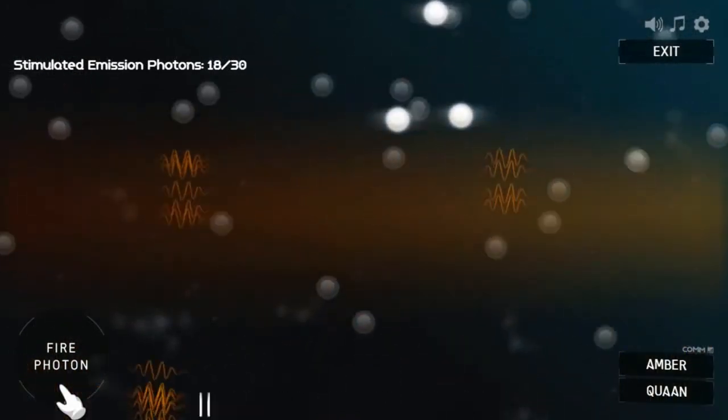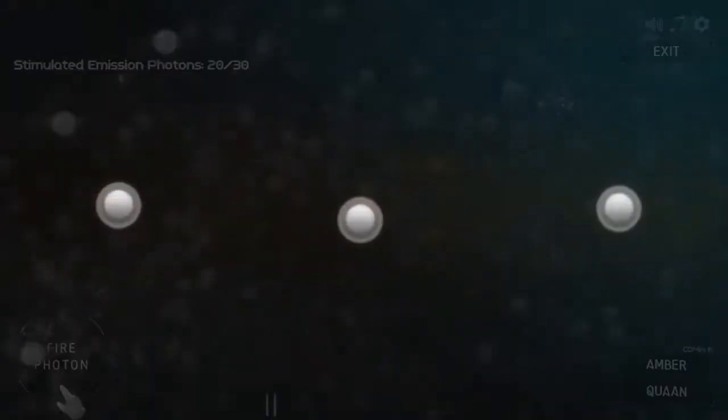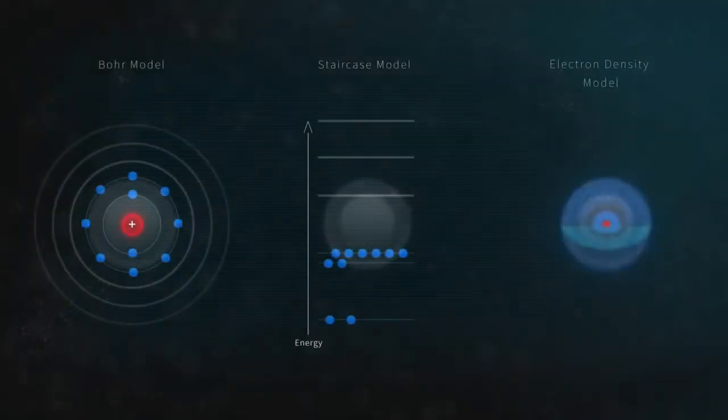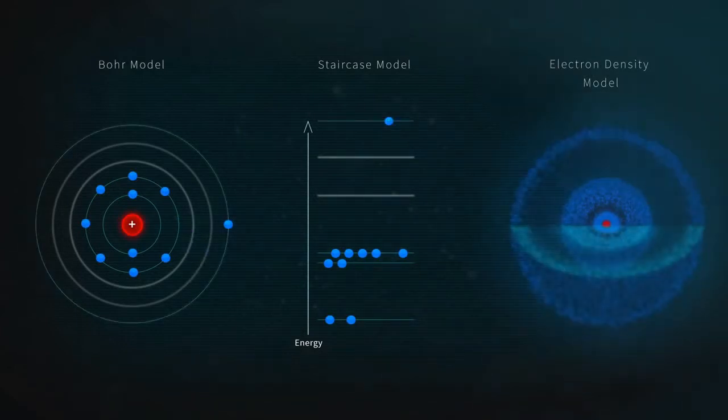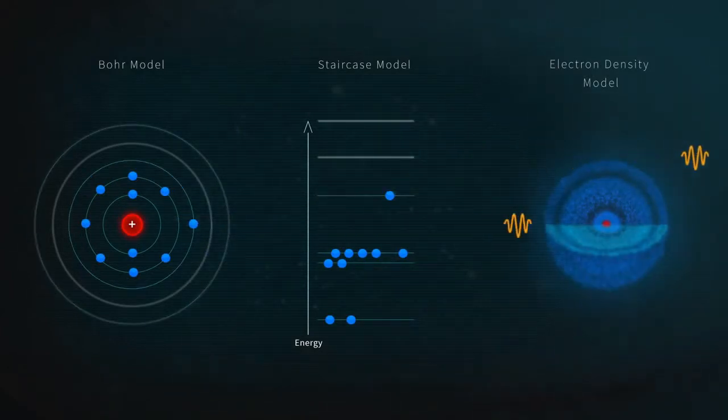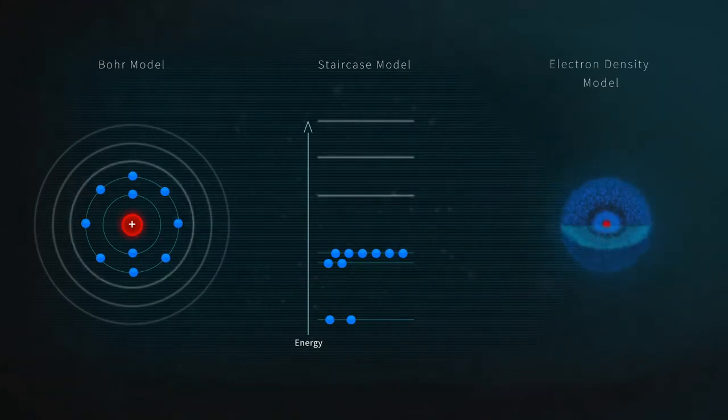The model of the atom keeps changing and improving, but we've seen that electrons in an atom exist in shells of fixed energy. So let's explain why neon gas gives off an orange glow when a current is passed through.